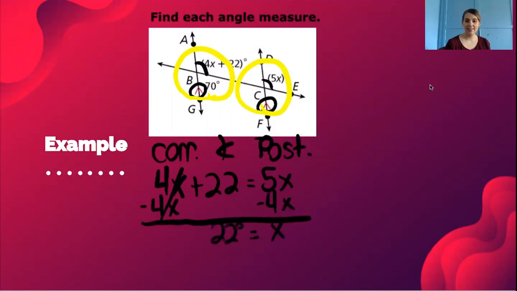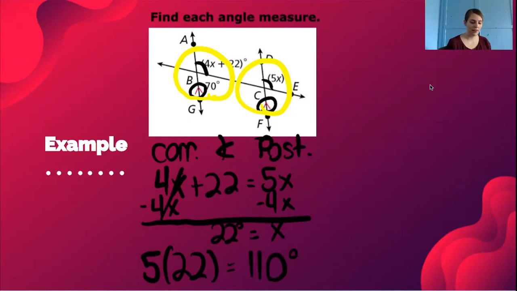And I get that x equals 22 degrees. Finally, to figure out that angle value, I'm going to plug it back into the equation. So I'm going to use 5 times 22, simply because it's the fastest way to solve this. And I end up getting that 5 times 22 is 110 degrees.